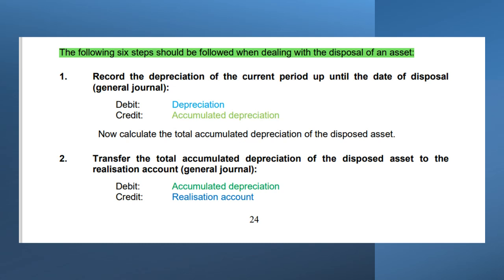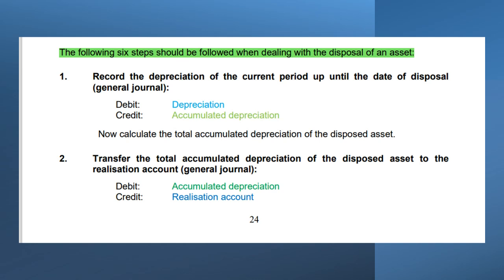Now we have opened a temporary account, which is called what? Asset realization account. Remember, this account is just an account that is empty. We're just going to use it to remove the details of this asset that we are disposing.